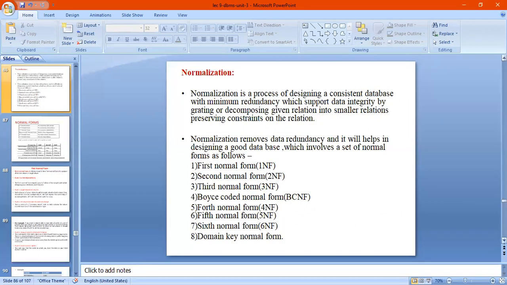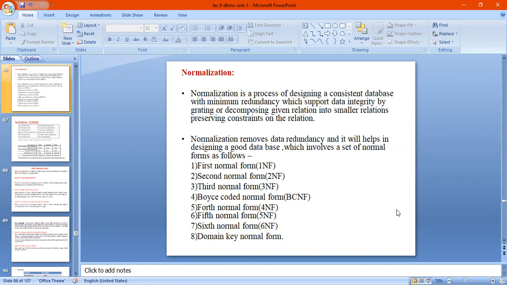Next, coming to normalization, we have already discussed what normal forms are, why we have to go for normal forms, what the different anomalies are, how we face problems with redundancy and consistency, and why we approach normalization. So again, a brief look at normalization.